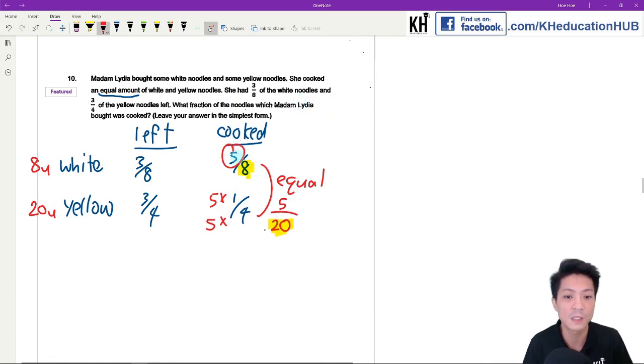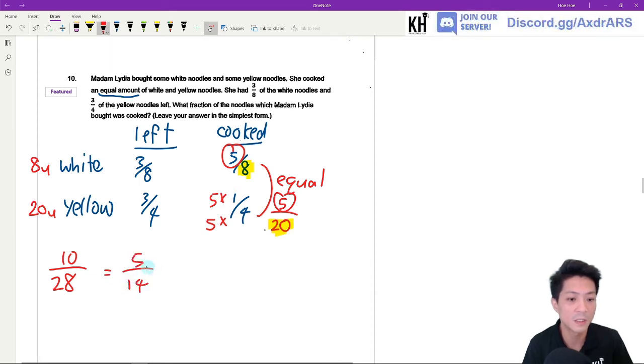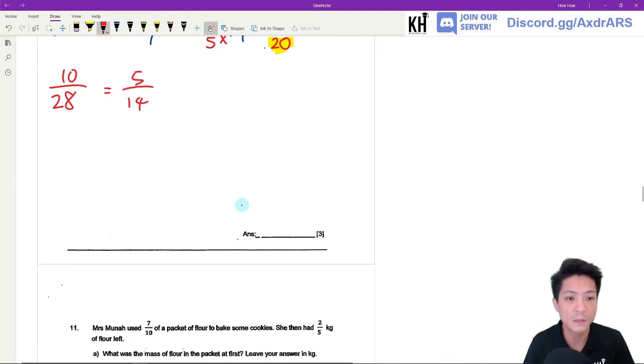In this case, cooked will be 10 units and the total would be 28 units. So the fraction cooked will be 10/28. Simplest form will be 5/14. This is the answer for this question.